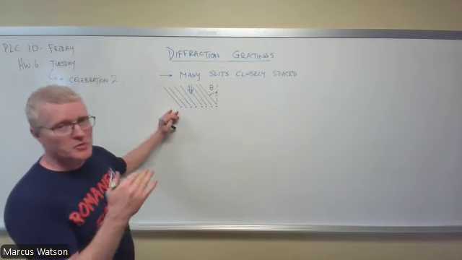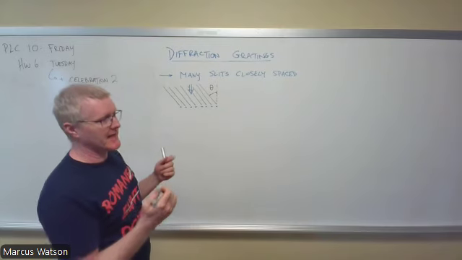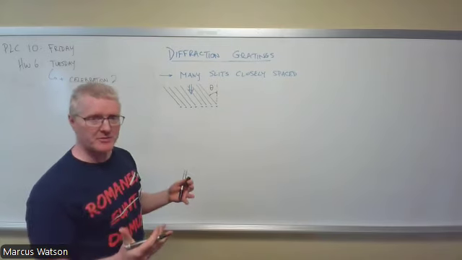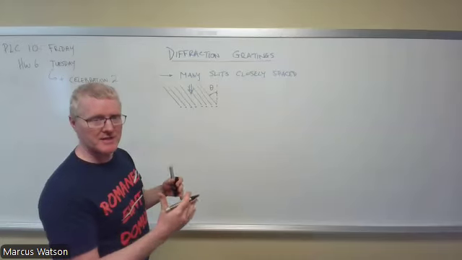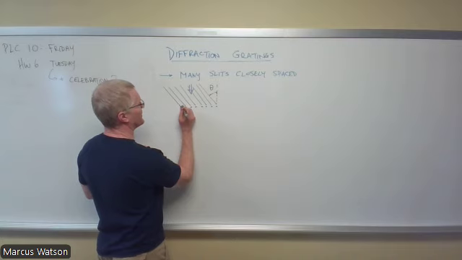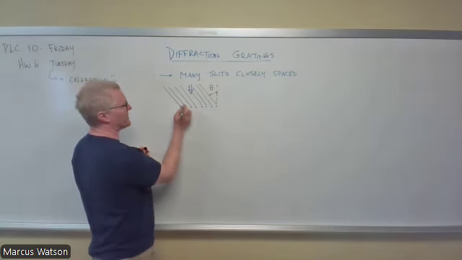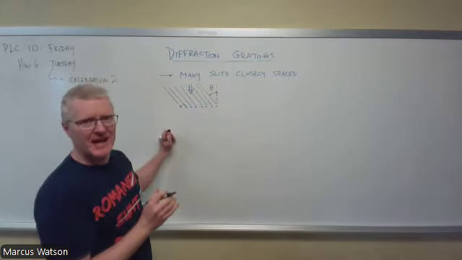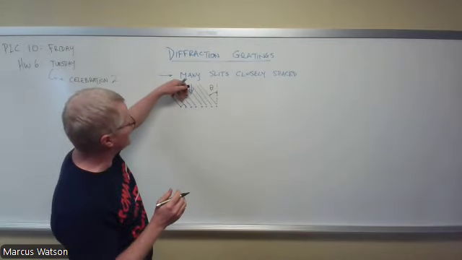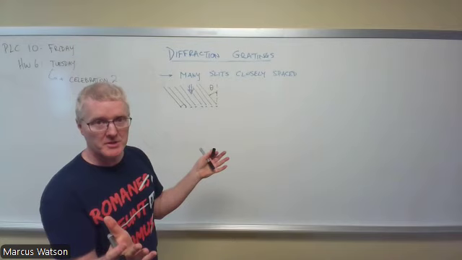And so it goes back to the same kind of idea as before, in the sense that if I look at the path length difference between neighboring sources and neighboring waves, and I say, if that's a half a wavelength, then these two are canceling, and these two are canceling, and these two are canceling, and therefore I get complete destructive interference.